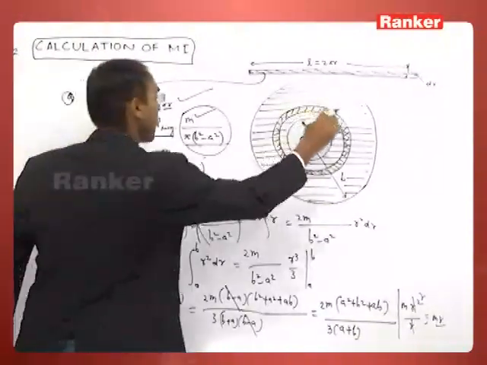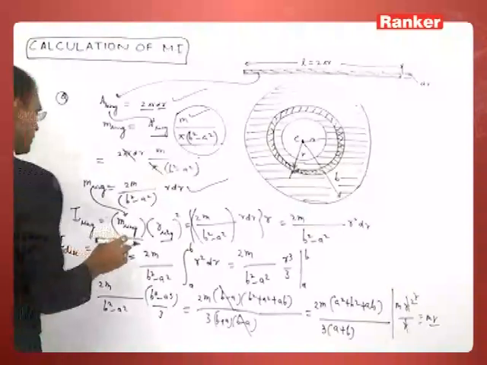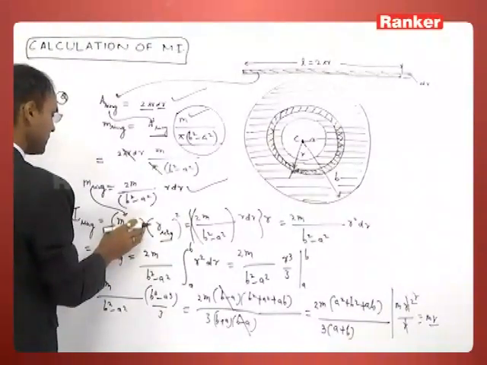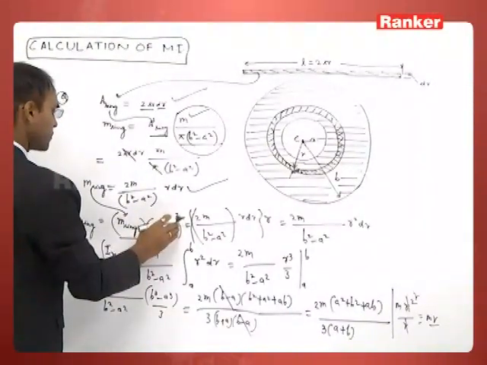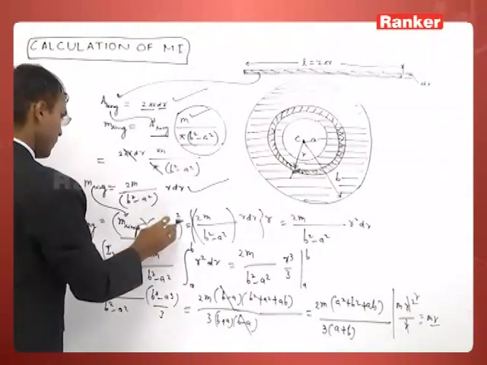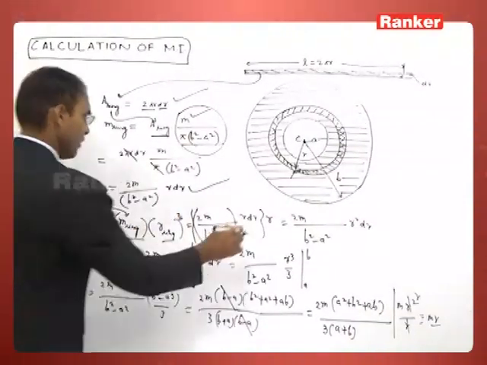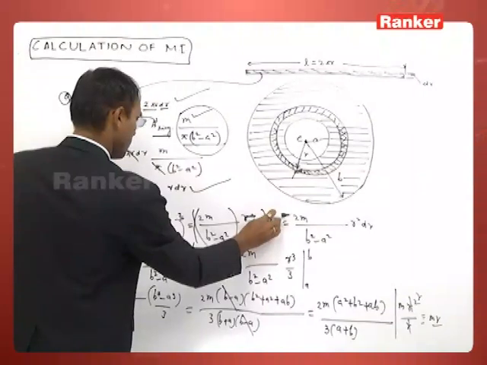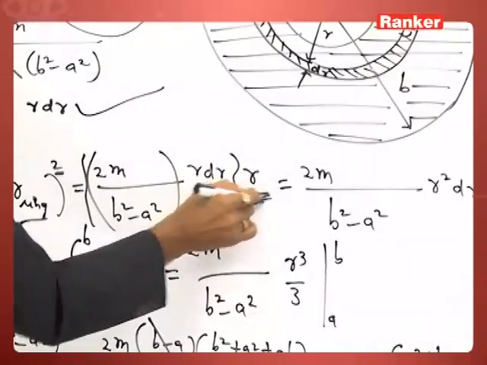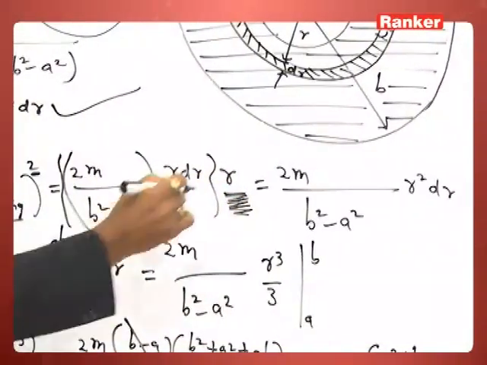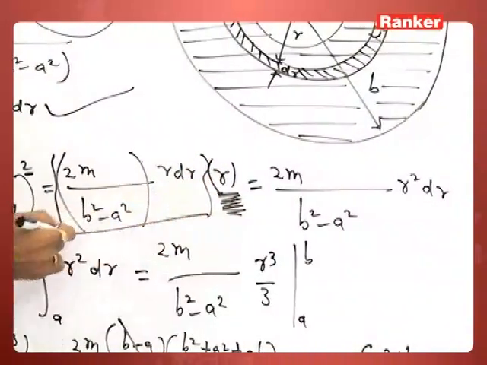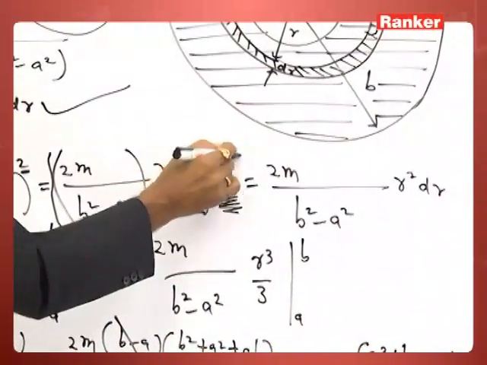Next, moment of inertia. Moment of inertia of the ring is equal to its mass times the square of its radius. So, when you are putting the square, you have not put the square of the radius. So, here is the mistake. This step is absolutely correct, and here is the mistake.